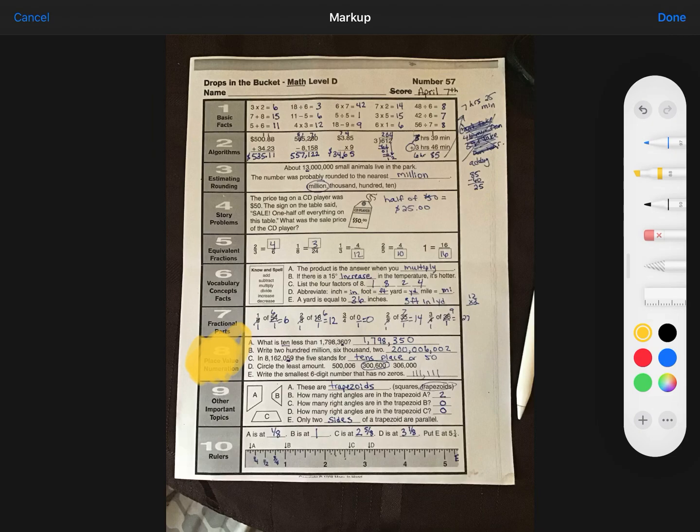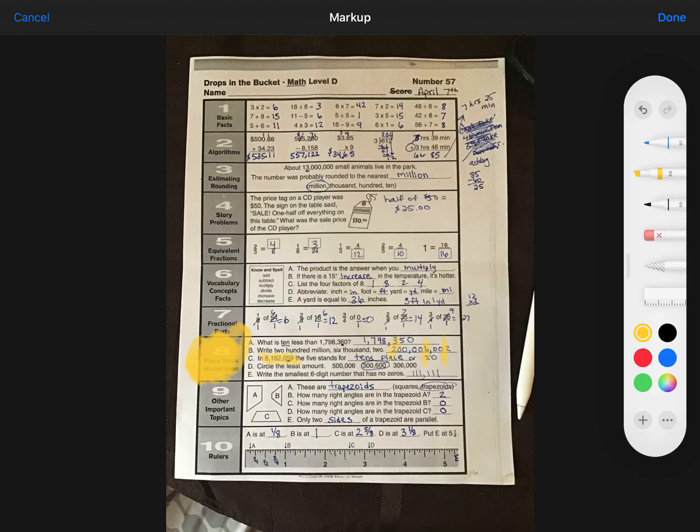B, write 200,006,002. So I wrote that. It's all about making sure these digits are in the correct place value. In 8,162,059, the 5 stands for the tens place, or 50.